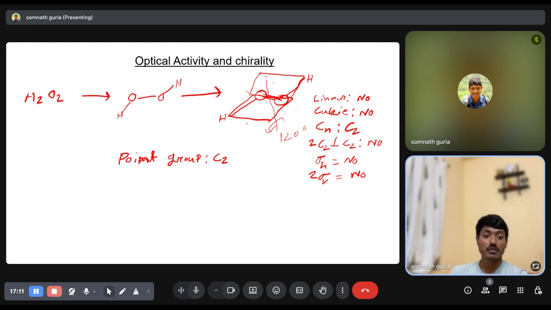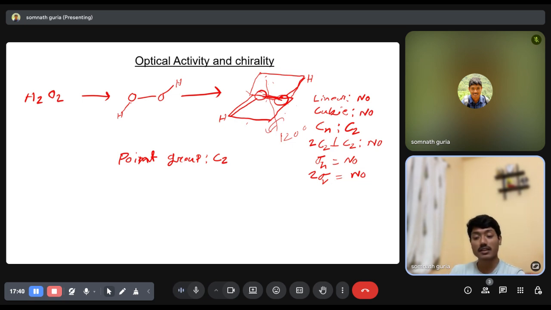Now in our biological system, one particular enantiomer is predominantly active in our body or any natural process. So for that we have to make one particular enantiomer, and we need the molecular recognition process.